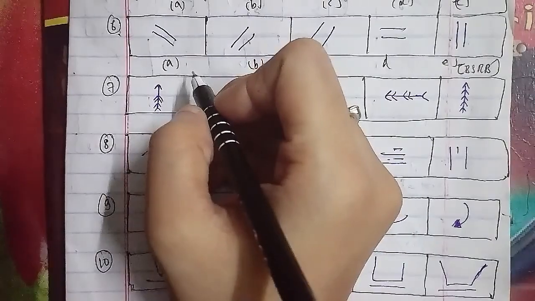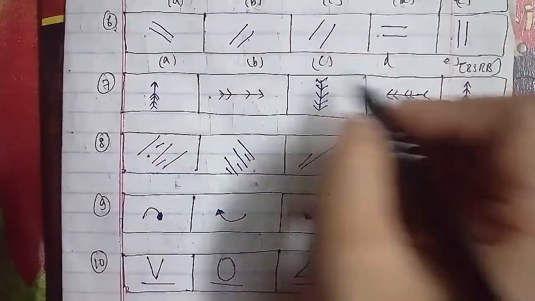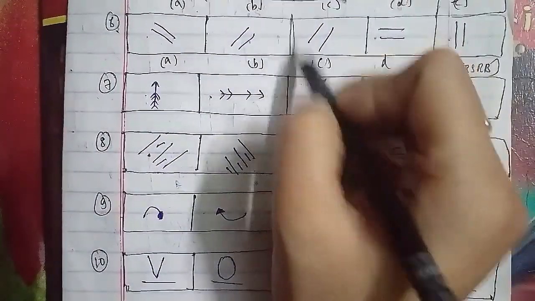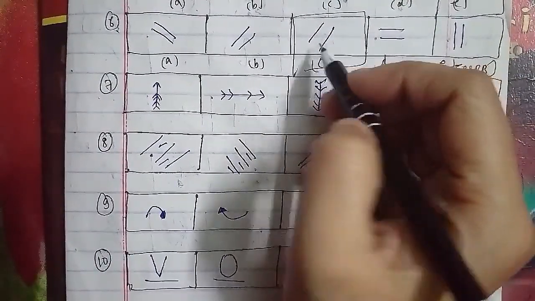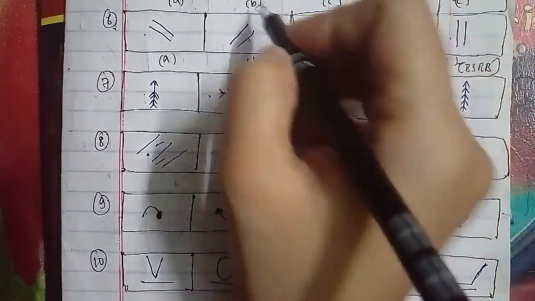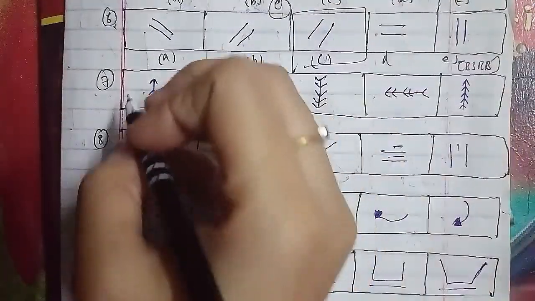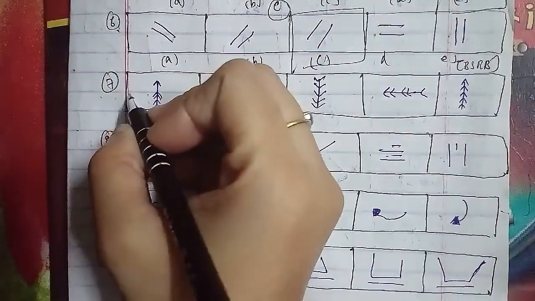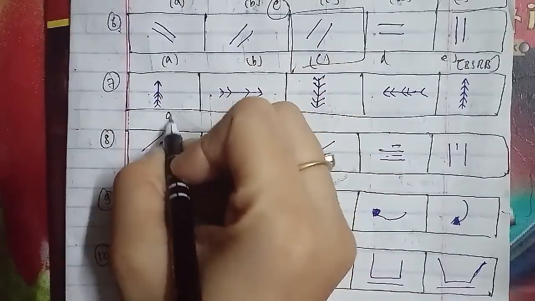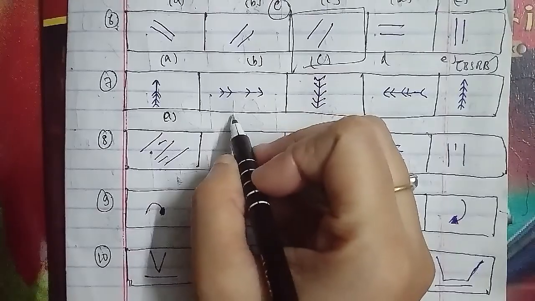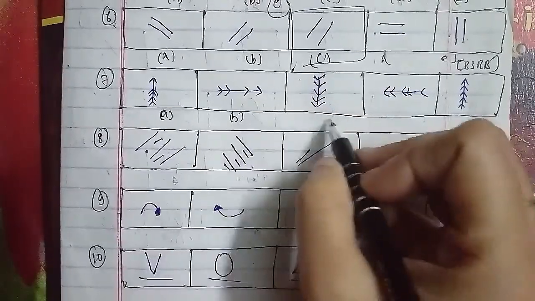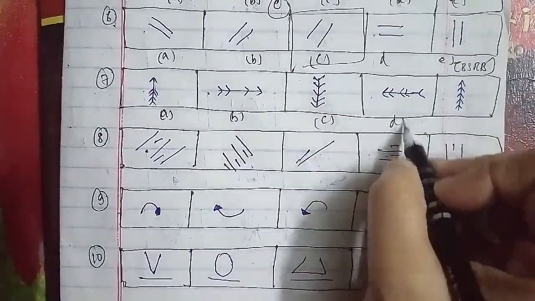Here this figure contains 4 arrowheads, while each one of the other figures contains 5 arrowheads. So we can see, counting 1 2 3 4 5, 1 2 3 4, 1 2 3 4 5, 1 2 3 4 5, 1 2 3 4 5. Only B is the one figure which has 4 arrows, while all the others contain the same number of arrows, which is 5 arrows.